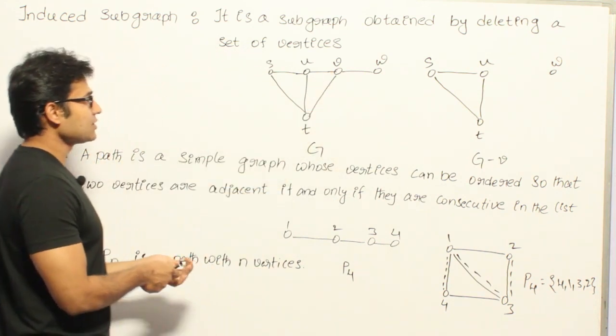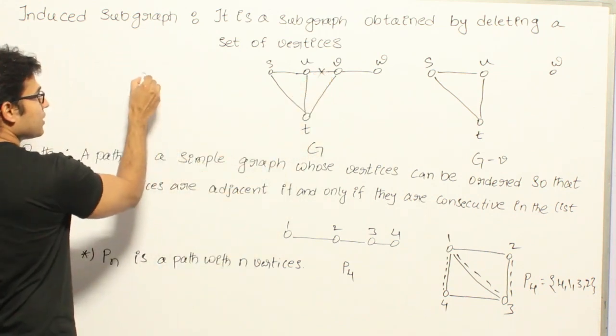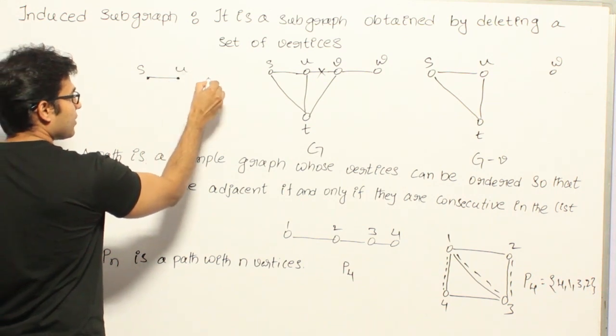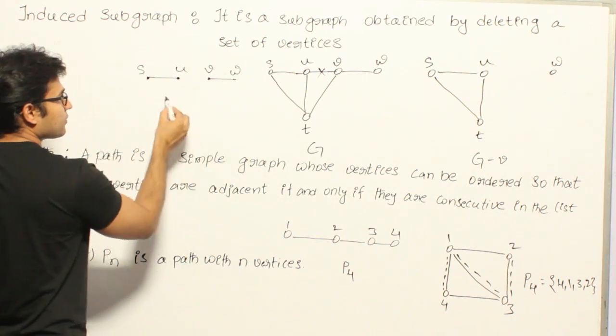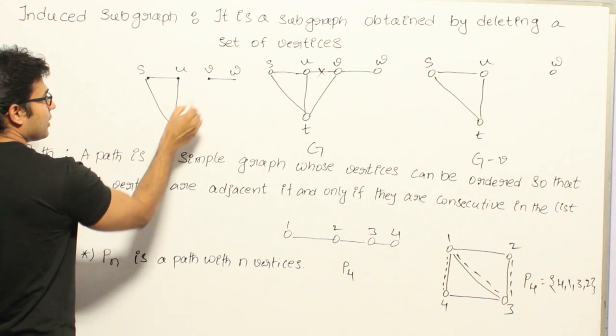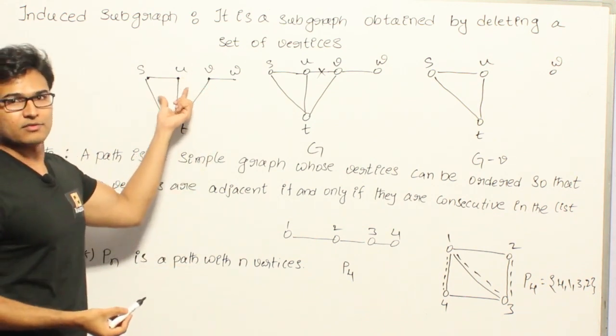In case you just delete one edge, let us say this edge is deleted, then what will you get? You get S here, U here, V here, and W here, and T. Now this is not an induced subgraph, it is just a subgraph. Why?